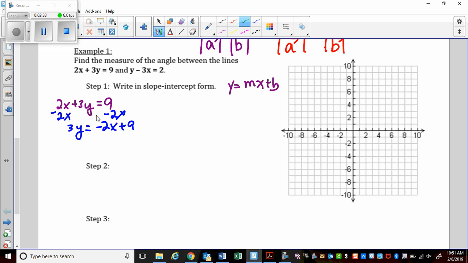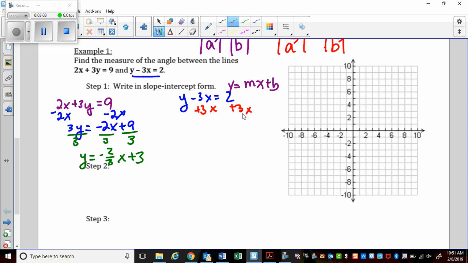I'm going to divide every single thing by 3. And we get y equals negative 2/3 x plus 3. I'm going to do the same thing for this one. It'll be easier. Y minus 3x equals 2. I'm going to add that 3x to move it to the other side. So we get y equals 3x plus 2.